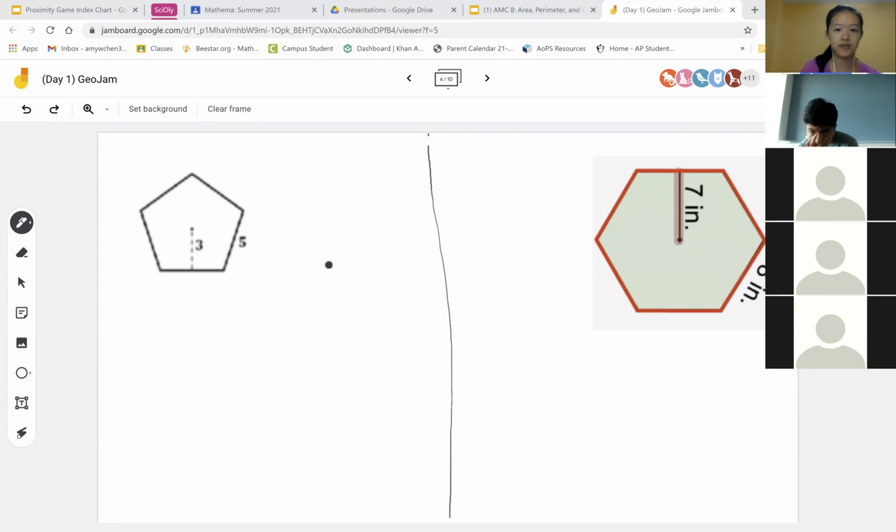Okay. If you forget the polygon formula, what you can do is split up the polygon into triangles and work from there because it's the same thing. So for the polygon formula, it would be the apothem times the perimeter times 1/2.